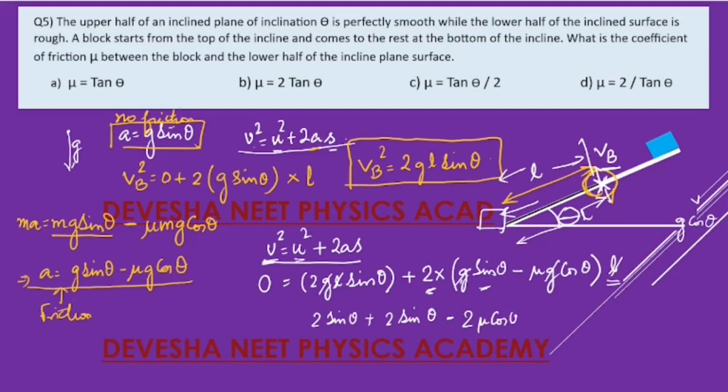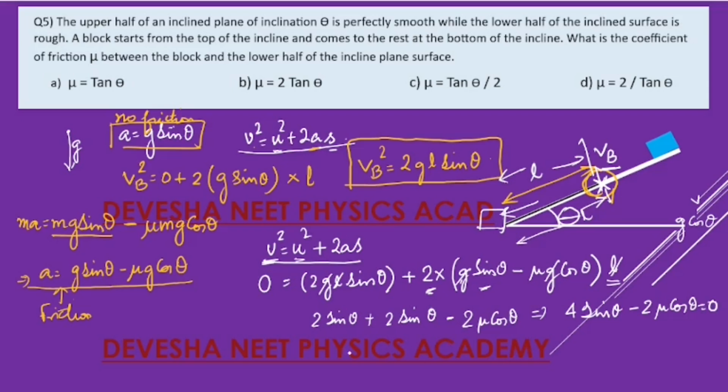It means 4 sine theta minus 2 mu cos theta is equal to 0.